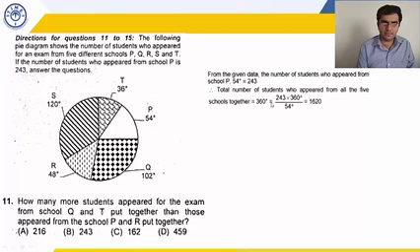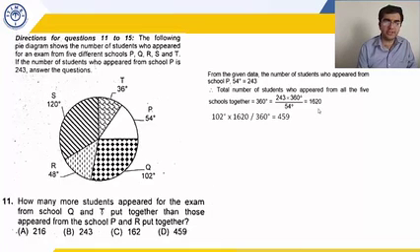You can make an arrow over here rather than an equal to, because degree cannot be equal to people. Left hand side degree, right hand side people, so you make an arrow for corresponds. When you calculate this, you will get 1620. That is, the total number of students is 1620.